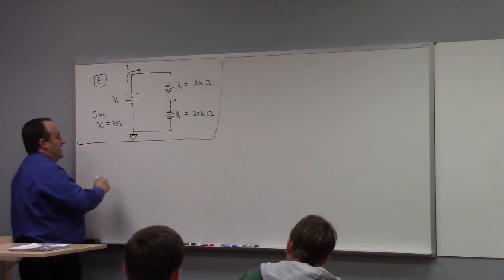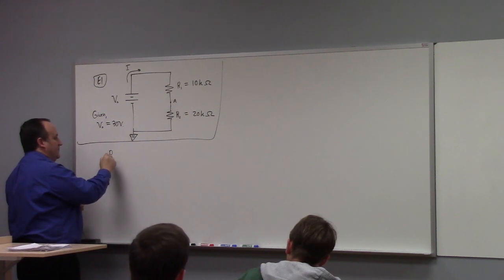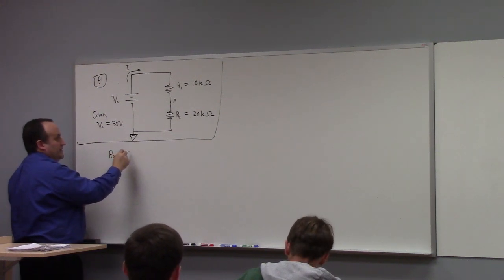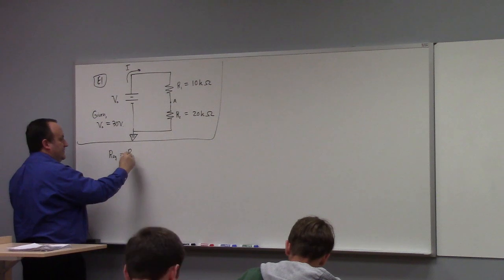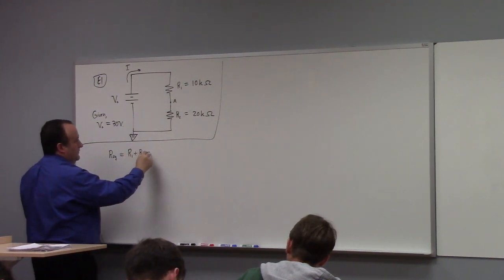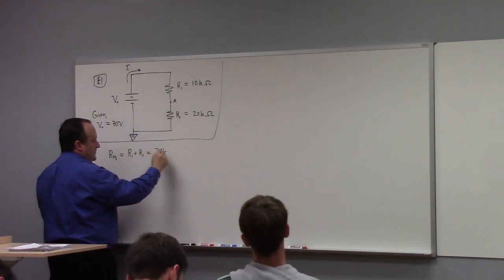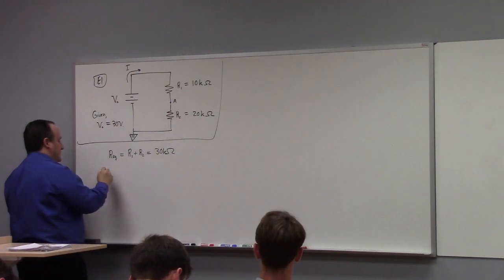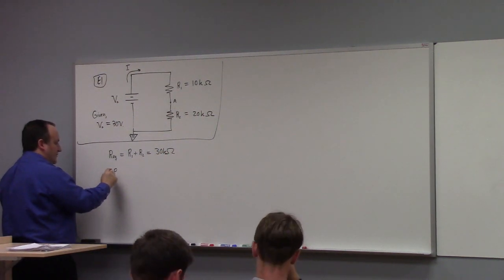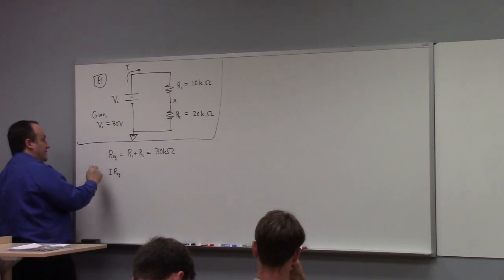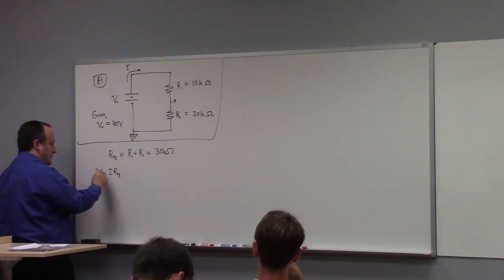We go, okay, well, we've got 30, so we find the equivalent resistance is R1 plus R2, right? So the equivalent resistance here is just 30 kiloohms. And so my current times the equivalent resistance should be equal to my voltage.